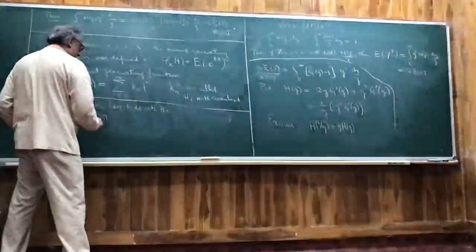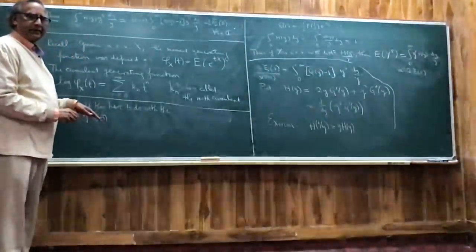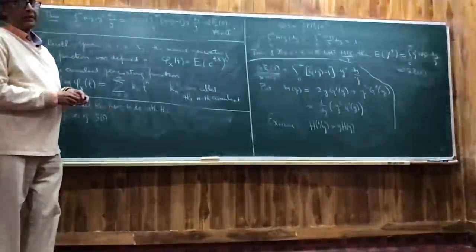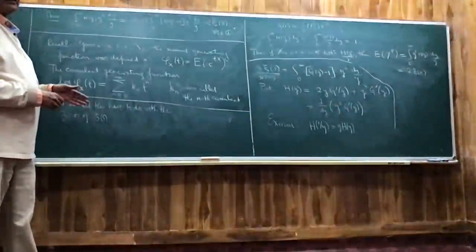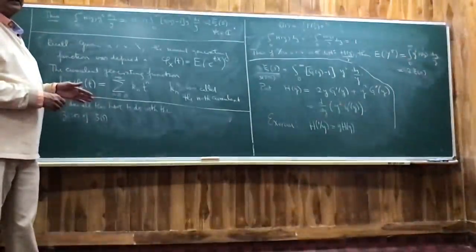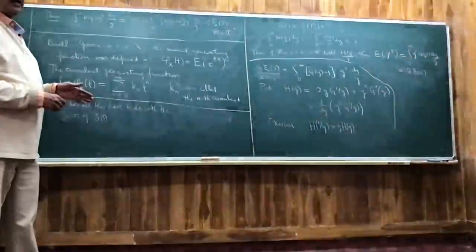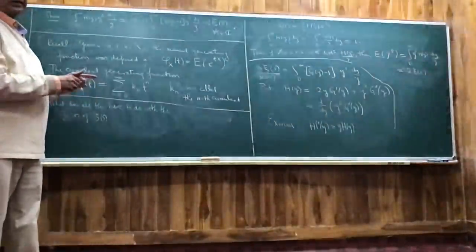Now, keep in mind the difference between xi of s and zeta of s. Xi of s, interestingly enough, is an entire function because of that s minus 1 factor.